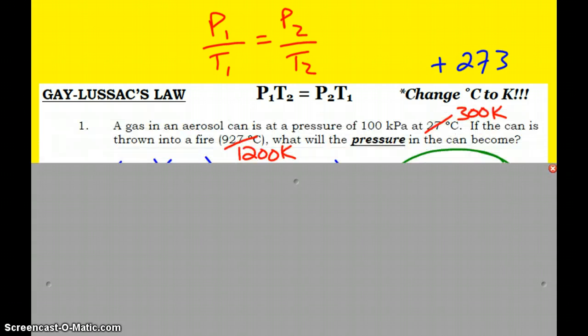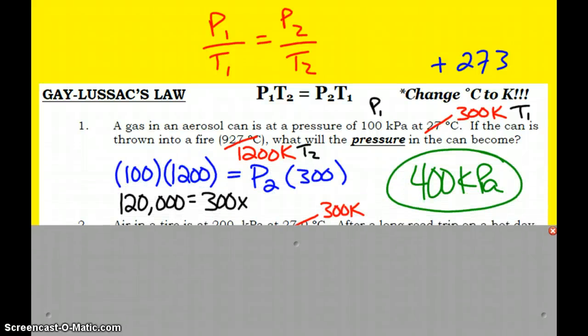So this first question, a gas in an aerosol can, our original pressure, P1, is 100 kilopascals, and it's at 300 Kelvin, T1. It's thrown into the fire. Bad idea. It goes up to that temperature, T2. What is the pressure in the can going to become? So we're looking for P2. So again, either way you plug the numbers in, eventually we should get to this point.